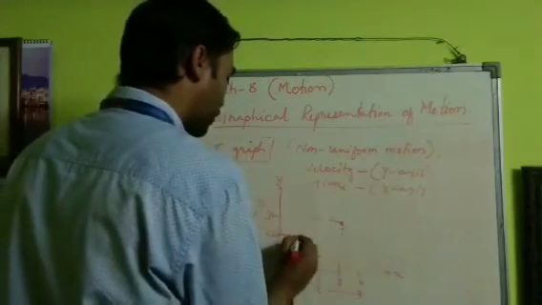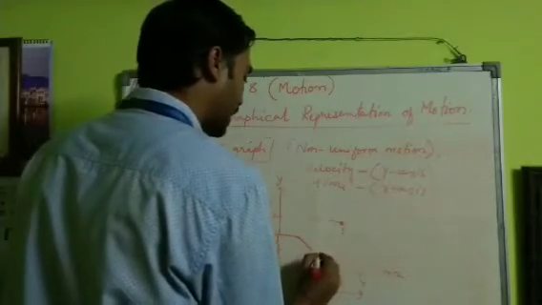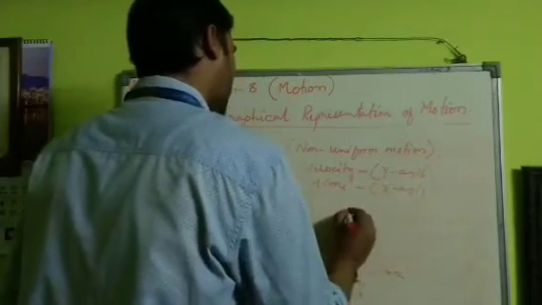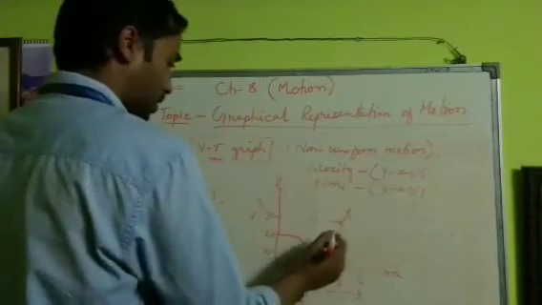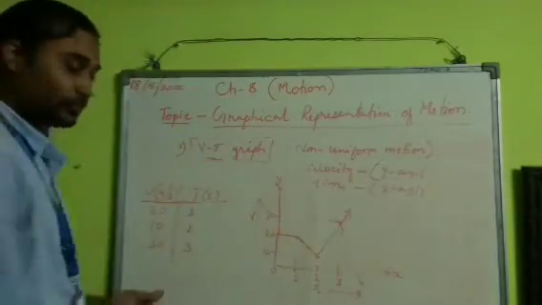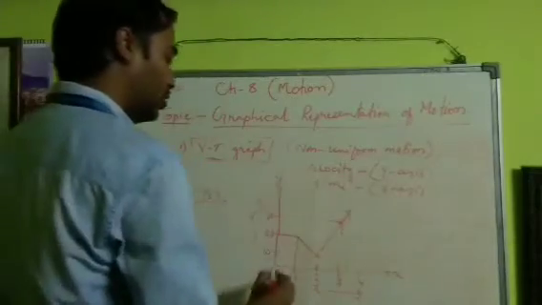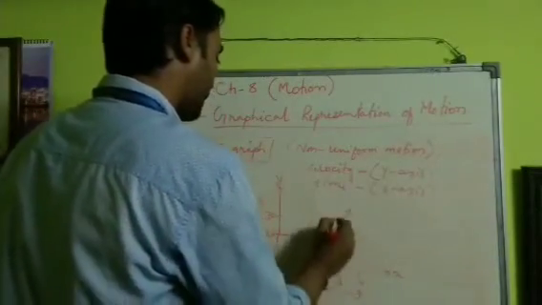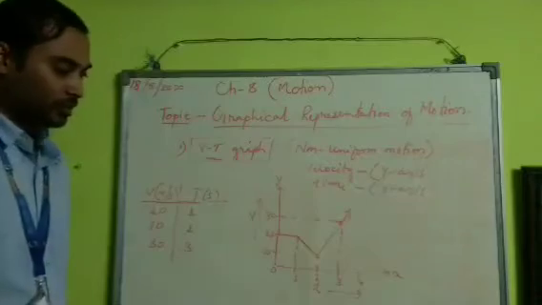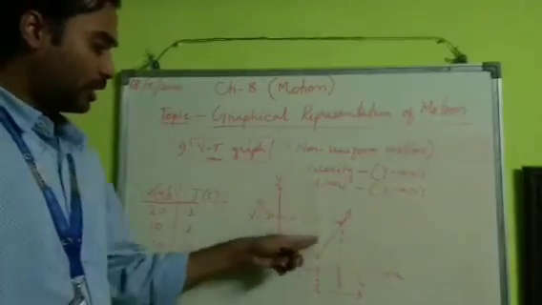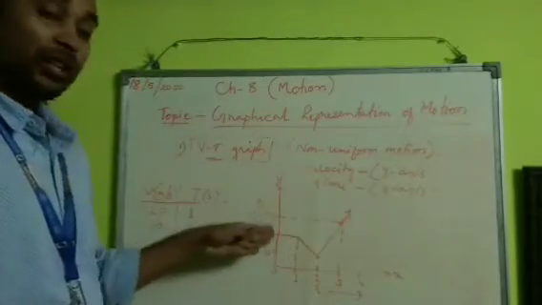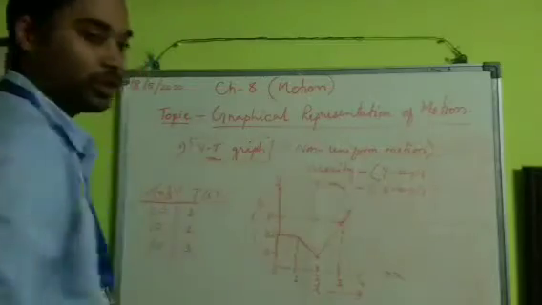So it started with 20, decreased to 10, and then again increased to what? 30. So this is a graph for what? Non-uniform motion, that is the velocity time graph for non-uniform motion. So this is how we have got the velocity time graph for non-uniform motion.